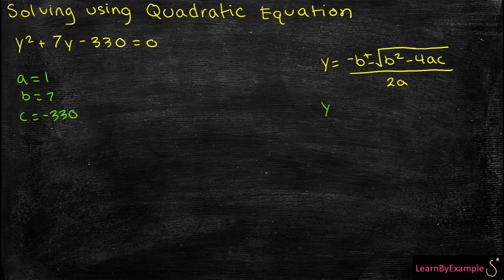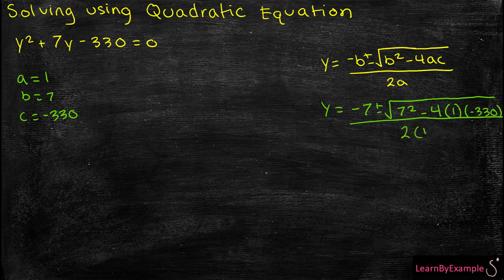So y is equal to negative b, so our b value is 7, plus or minus the square root of 7 squared, minus 4 times a, which is 1, times c, negative 330, all over 2 times a, which is 1.